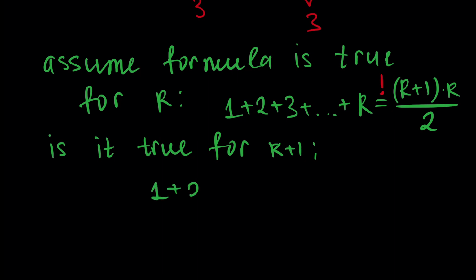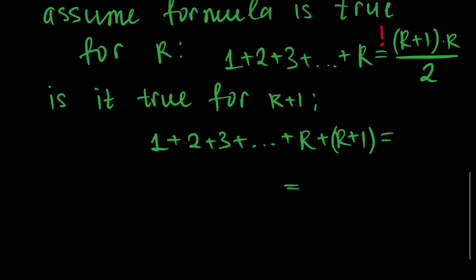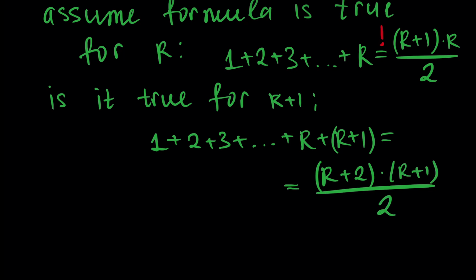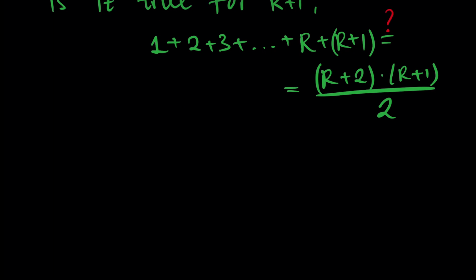Is it true that 1 plus 2 plus 3 plus and so on plus k plus 1 is equal to k plus 2 times k plus 1 divided by 2? Is this correct? So if we prove this, we are done. Let's begin to prove this result.